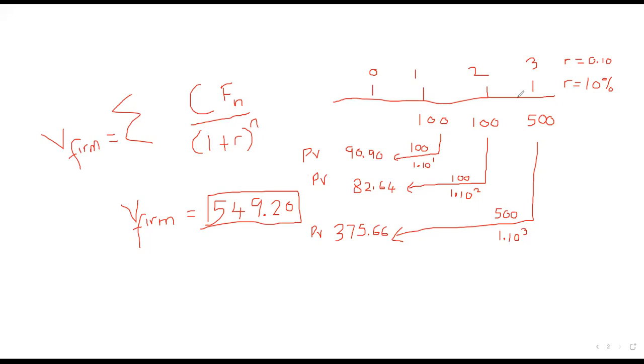So we're given a projection of having 100 in year 1, 200 in year 2, and 500 in year 3. So you're being asked to evaluate this firm.